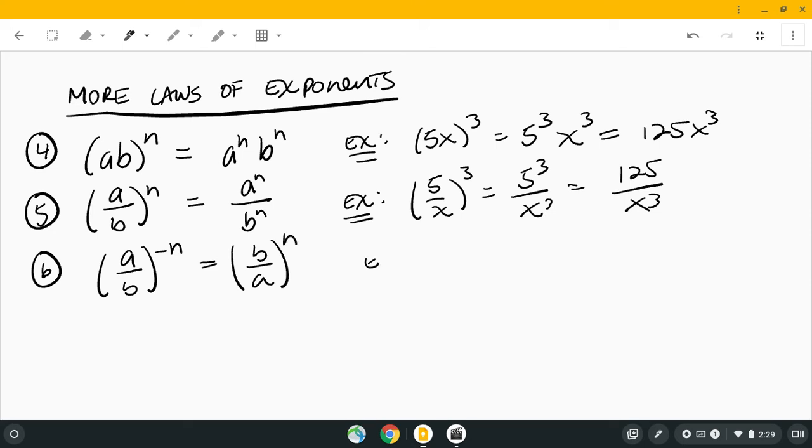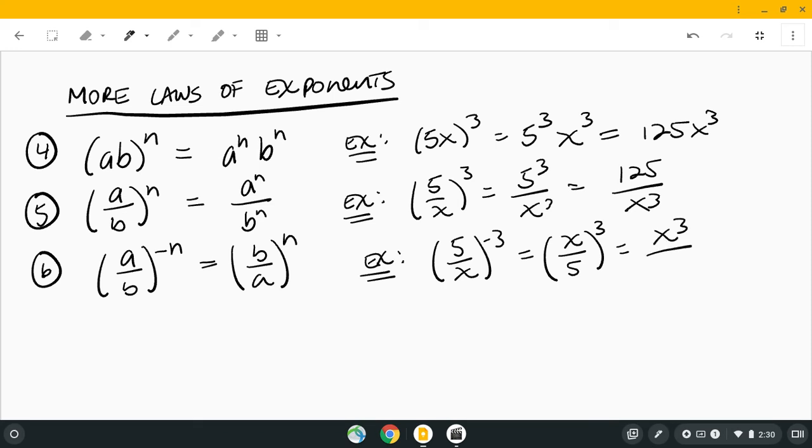For example, if you have 5 over x raised to the negative 3, then we take the reciprocal of that fraction, x over 5, and now the exponent becomes positive. So that's x to the third power and 5 to the third power, which is just x to the third over 125.